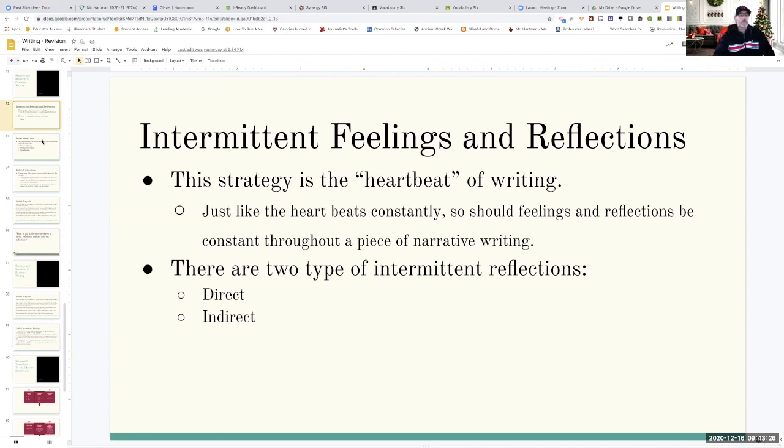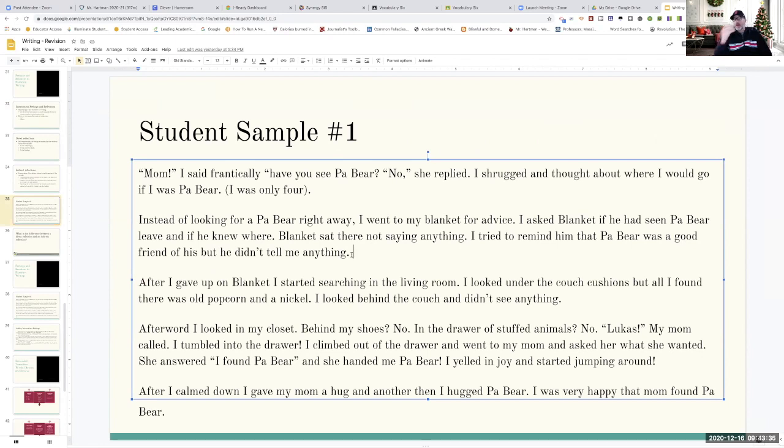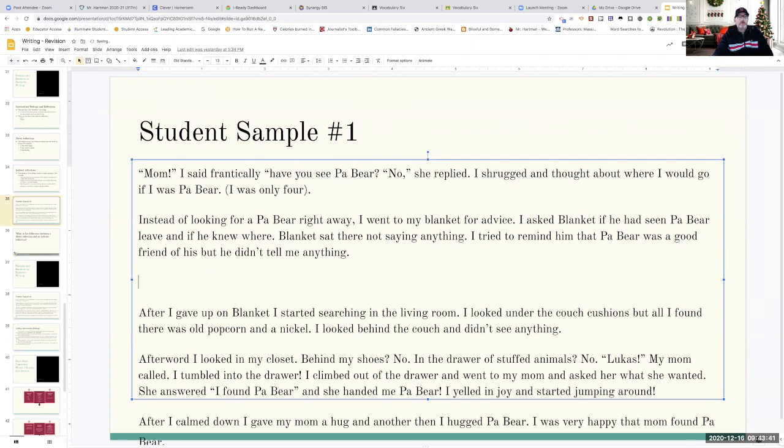In this particular piece, that doesn't really happen. So what I wanted you to do, at the end of this second paragraph, is insert your thoughts or feelings at this point.